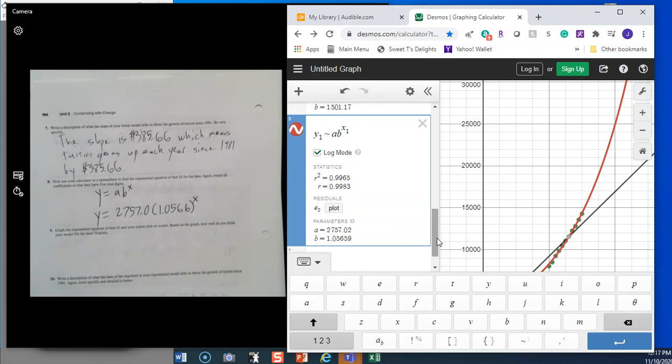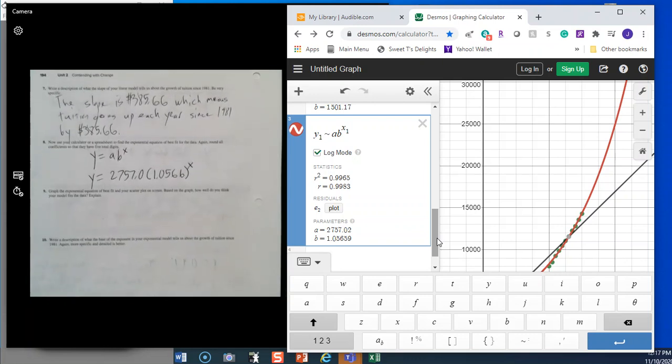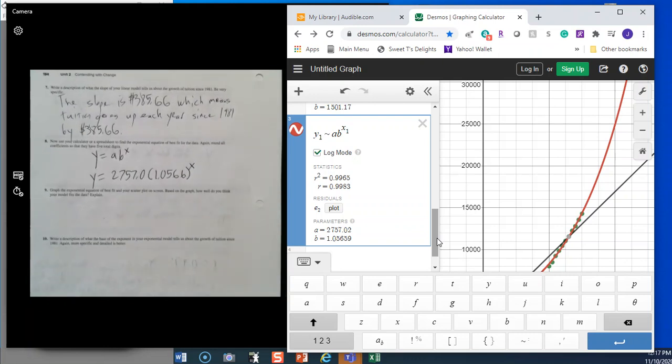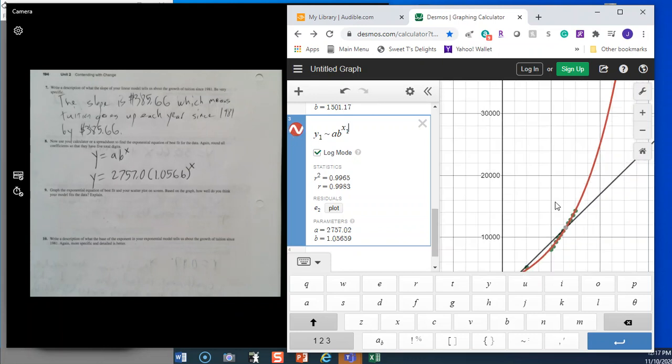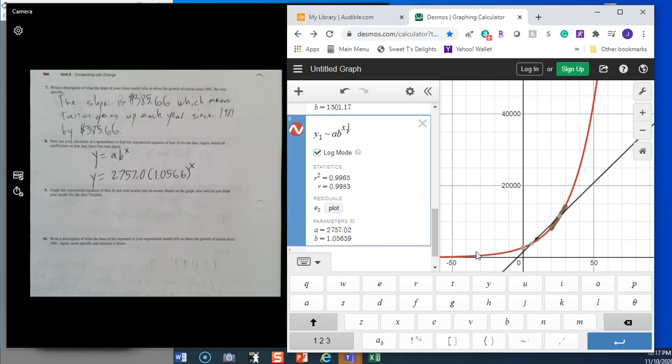Now, number 9 says, graph the exponential equation of best fit and your scatter plot on screen. Based on the graph, how well do you think your model fits the data? Now, if you look here, this symbol is red, so that means the red line is our exponential equation. If you notice here, our exponential equation seems to hit almost every point on this scatter plot.